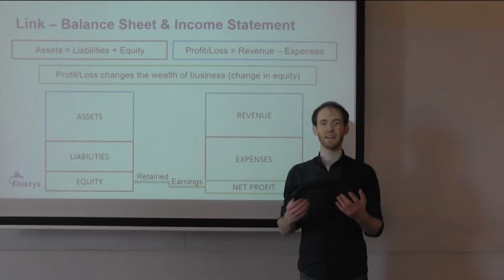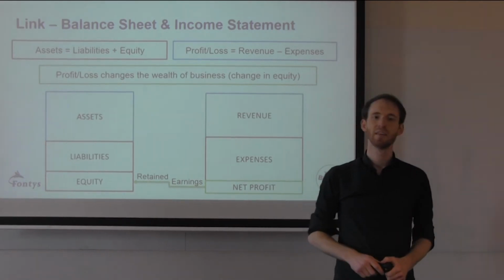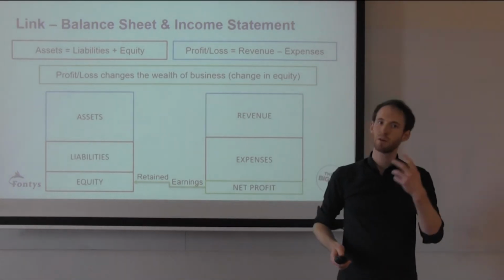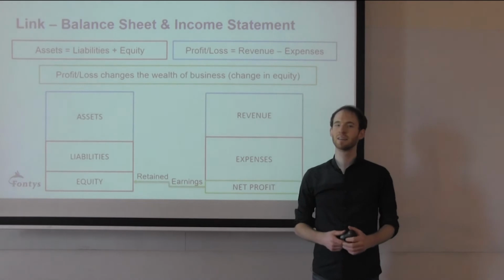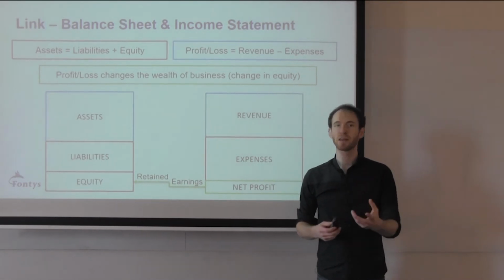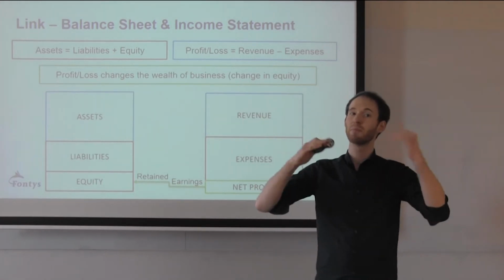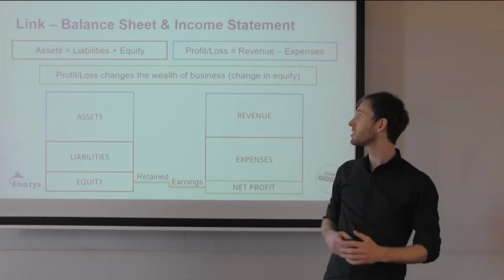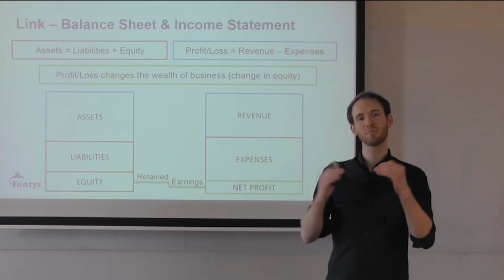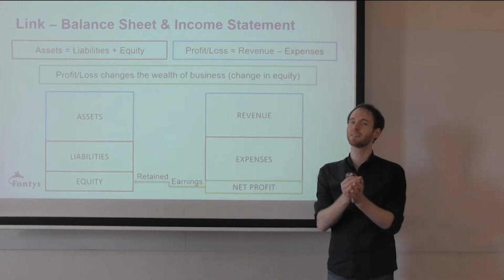And that's why you can actually combine the two formulas and then get another formula out of it that you can also use in the homework task when we look at the different effects of transactions. It always should be in balance. So not only the balance sheet equation needs to balance, but basically the whole system balances.